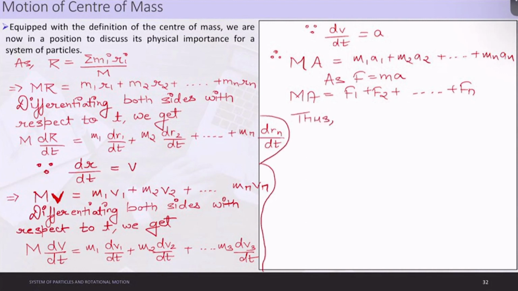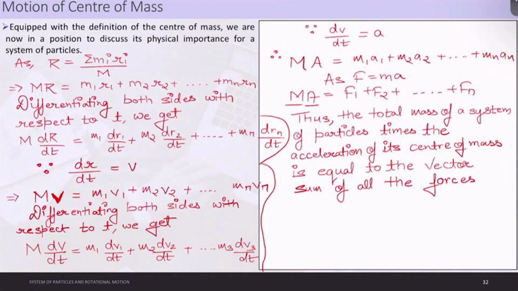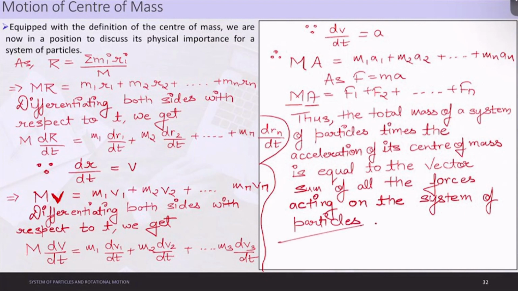The total mass of a system of particles times the acceleration of its center of mass is equal to the vector sum of all the forces acting on the system of particles. Fine. So that was the final conclusion we reached.